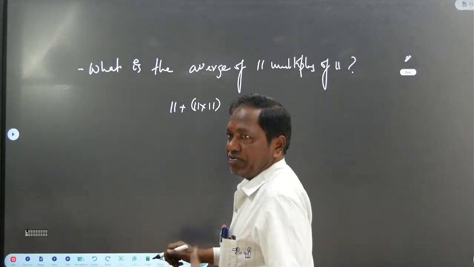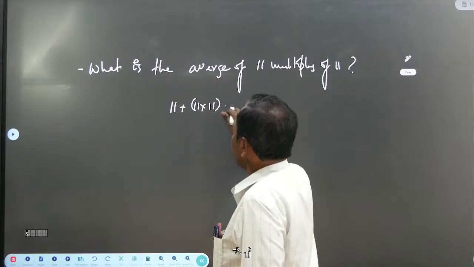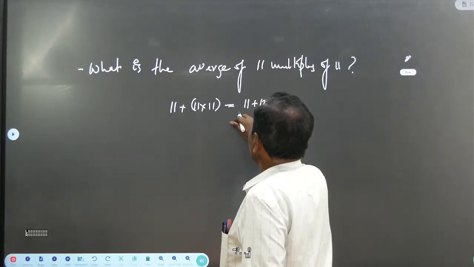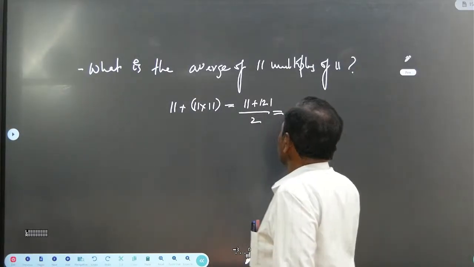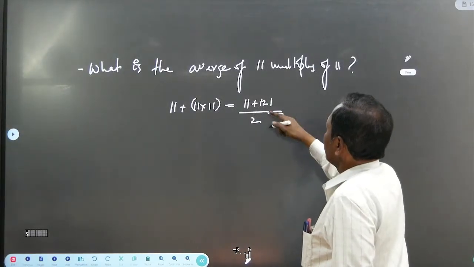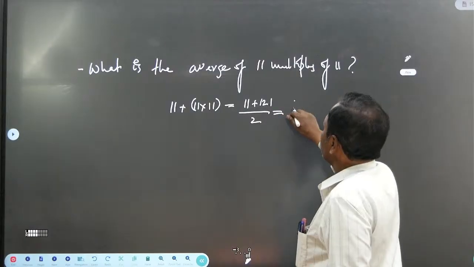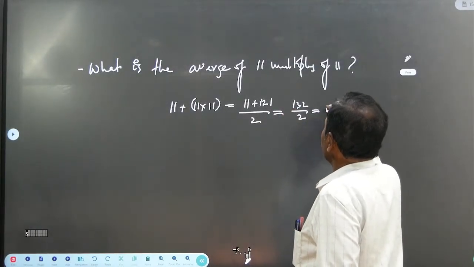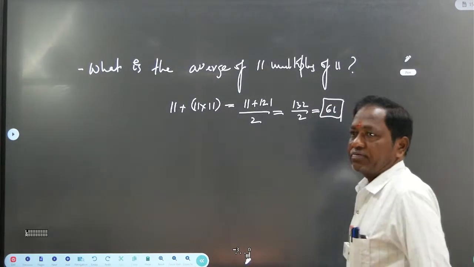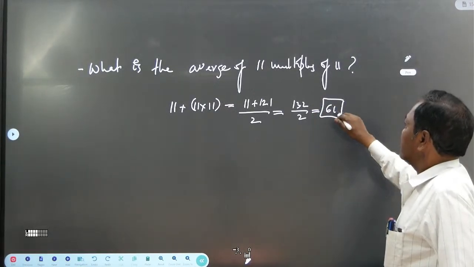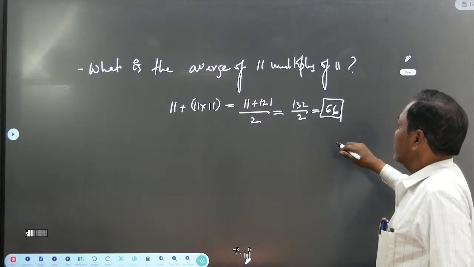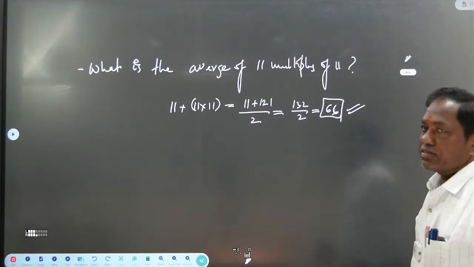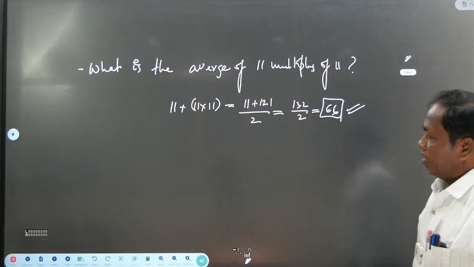So 11 plus 121, by 2, you will get the average. That is 132 by 2, which is 66. Yes, right. That is the thing. Next.